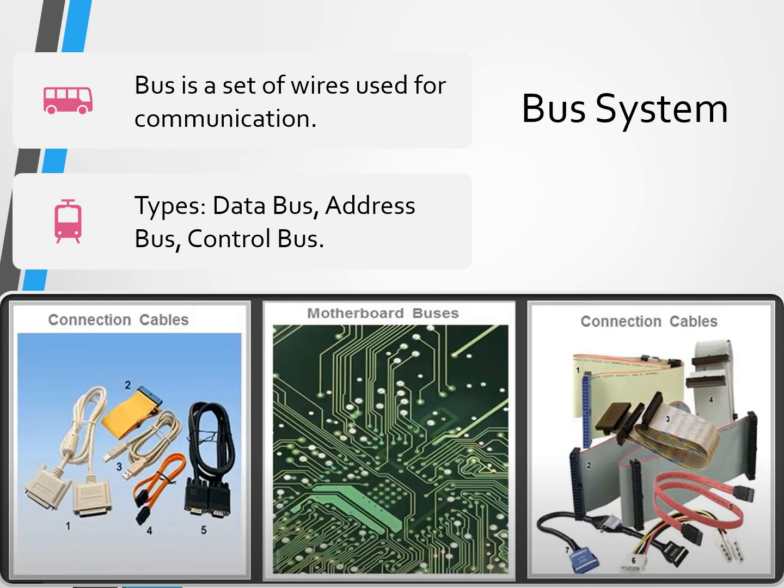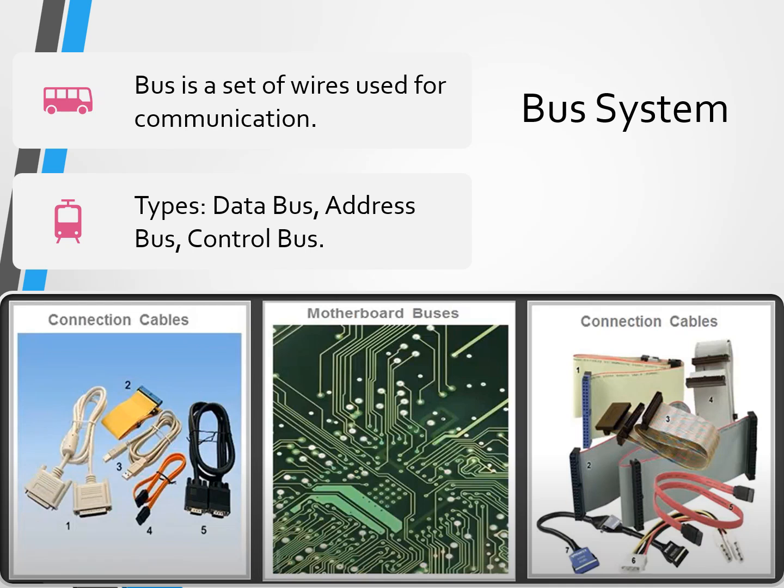So there are three images that I have given, right? The connection cables are one bus, and then the motherboard buses. As you can see in the motherboard buses, there are these lines, right?